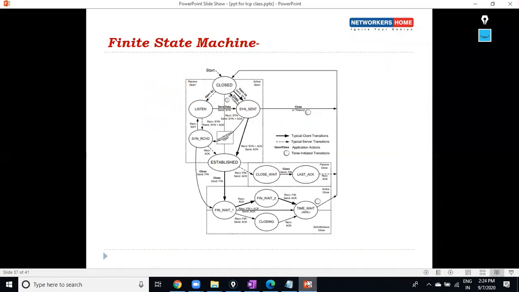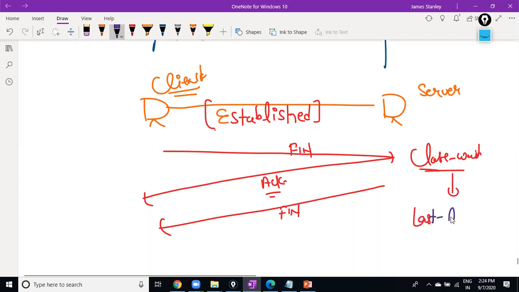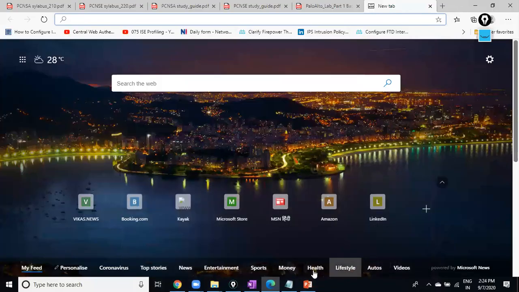This is close wait, no? Yeah, close wait here. After that, I'm sending FIN. Now, close wait to last acknowledgement. And after that, I'm getting the acknowledgement, and after that, it will be closed. Okay. Can you see?